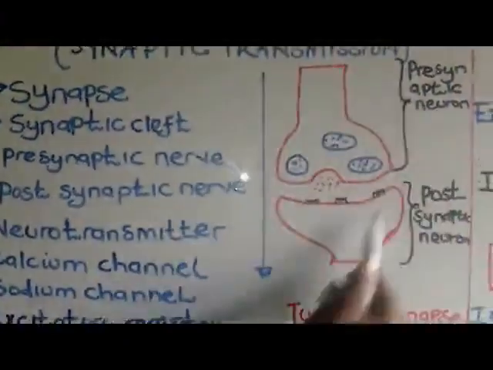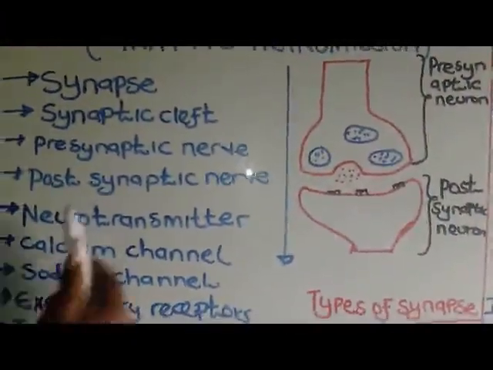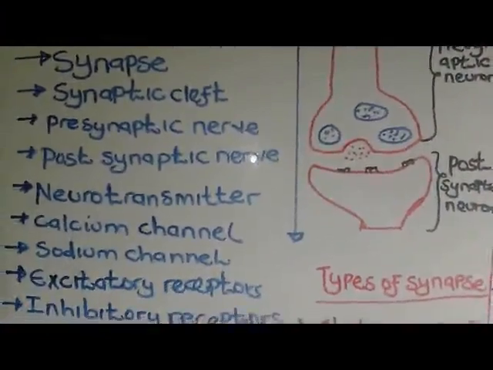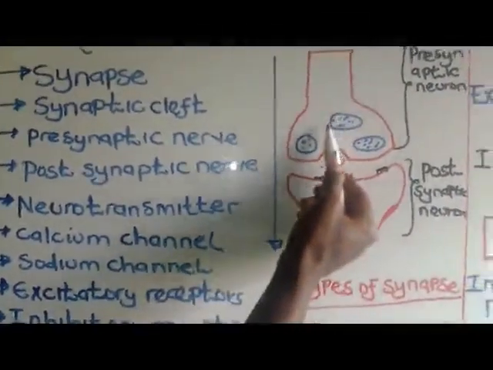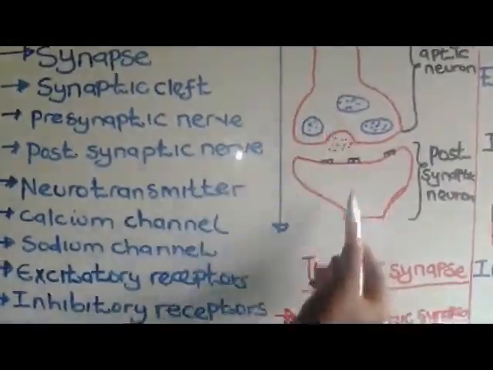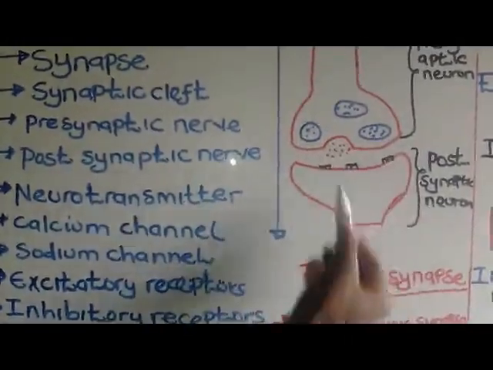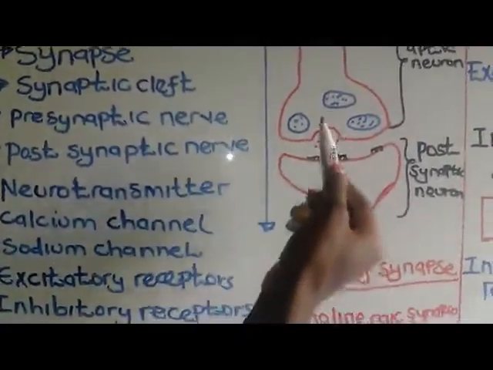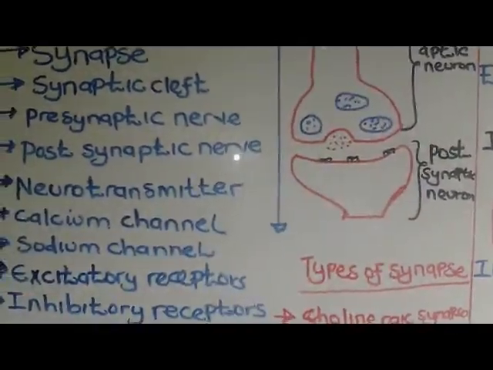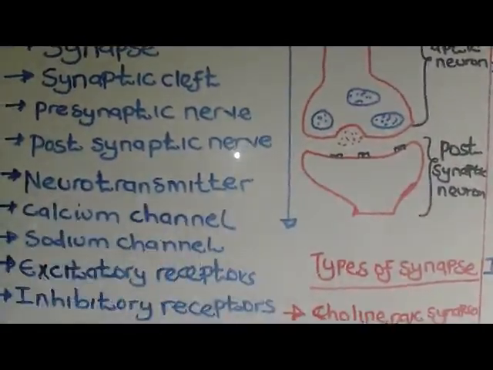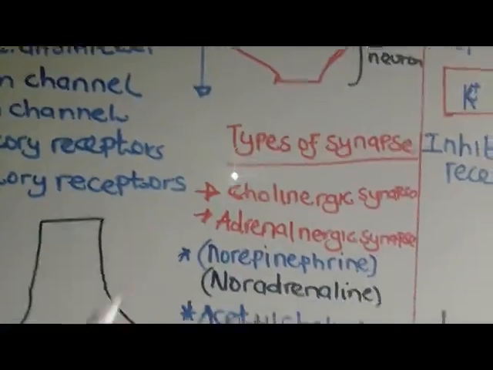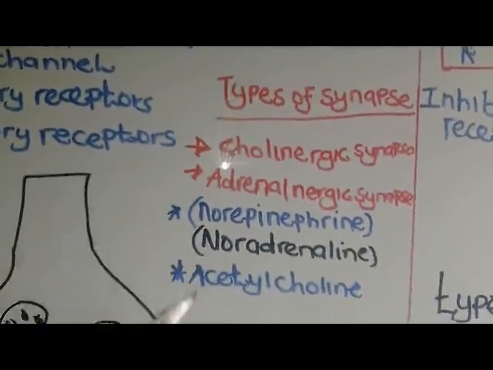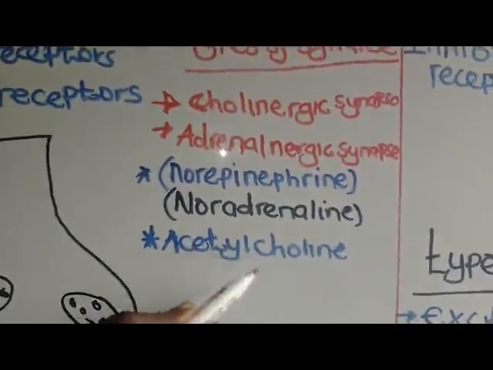So, presynaptic, postsynaptic. Then the neurotransmitter substance: we can see that the information is going to move from this nerve to this one. The movement of the information from this nerve to this nerve is going to be carried by a chemical substance, which we call the neurotransmitter substances. Among the common neurotransmitter substances, we have acetylcholine.